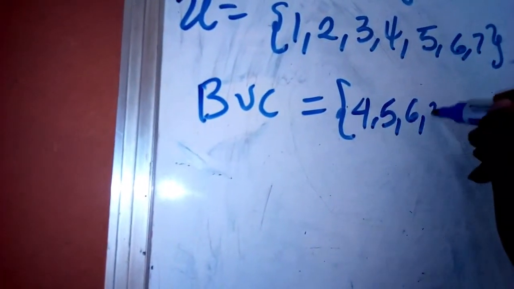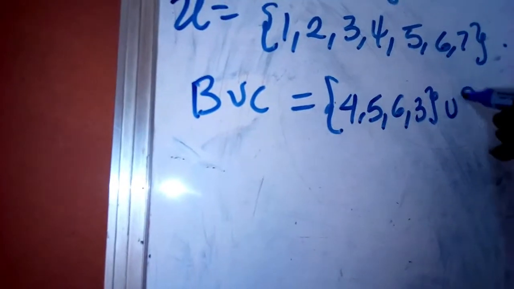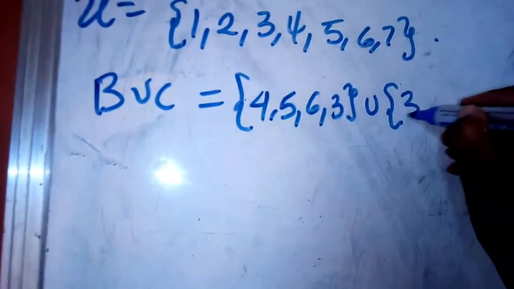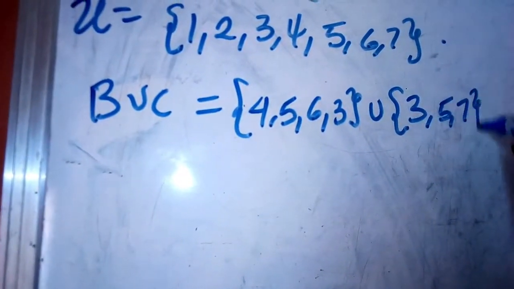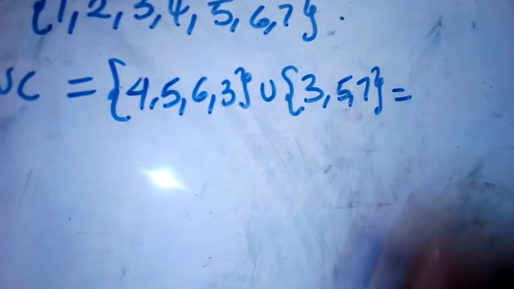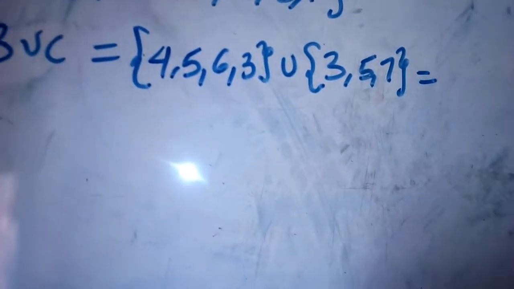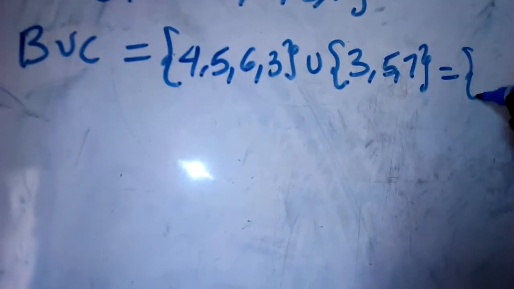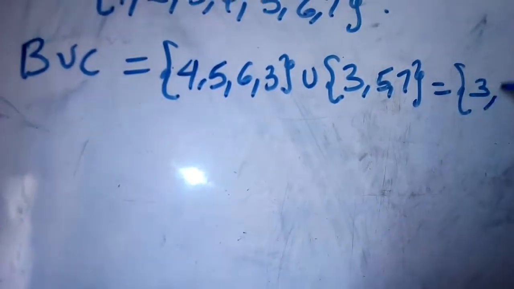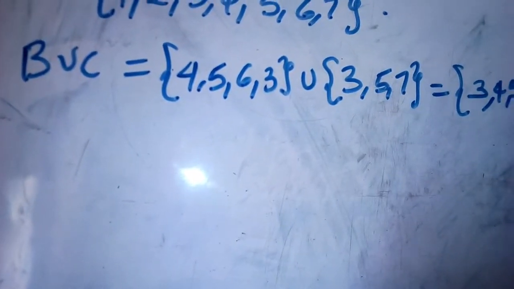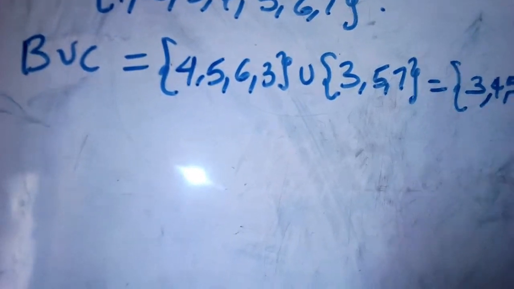B is 4, 5, 6, and 3, union C, which is 3, 5, and 7, which equals the union of both, which is 3, 4, 5, 6, and 7.